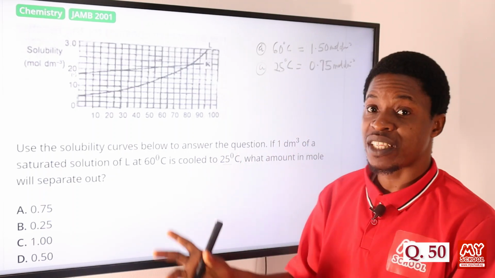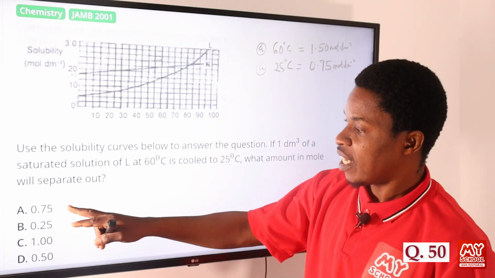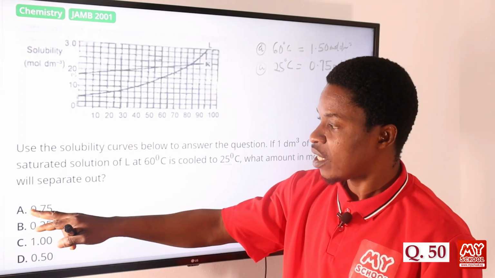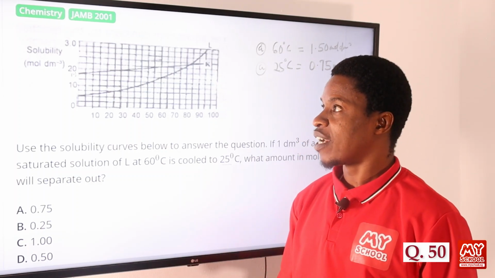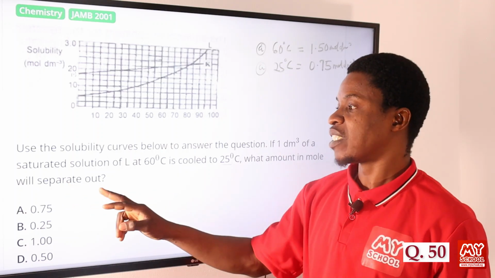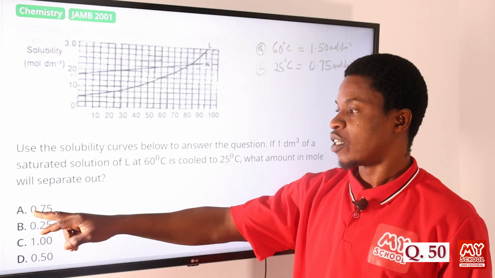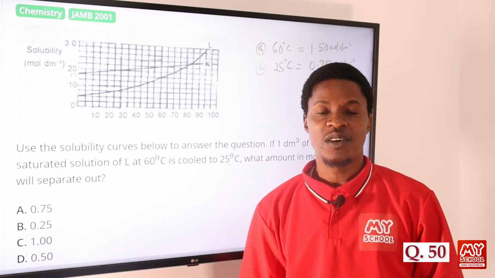So the option here is option A, 0.75 mole. So the amount in mole that will separate out will be 0.75 mole. Option A is the correct answer.